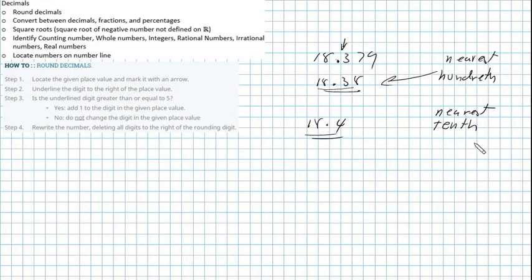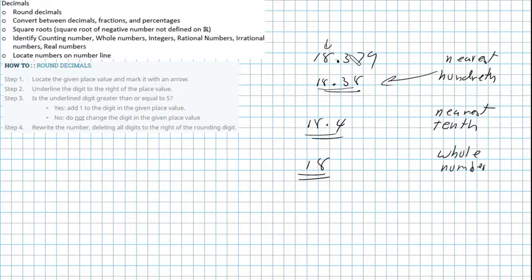Of course, we could also ask you to round this off to the nearest whole number, in which case we focus here. And so then we look at this number and we see that this is less than 5. So this is going to be 18, and we leave that like that. Notice we look at the number afterwards. This is less than 5, so this remains the same.